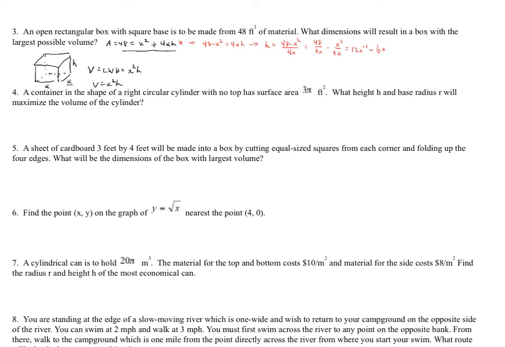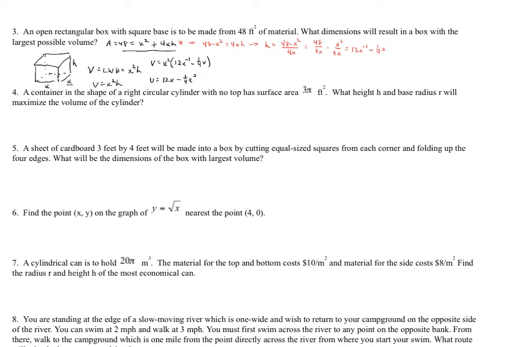So our volume is now x squared times 12x to the negative 1 minus 1/4 x. Let's distribute that, so it becomes 12x minus 1/4 x cubed.